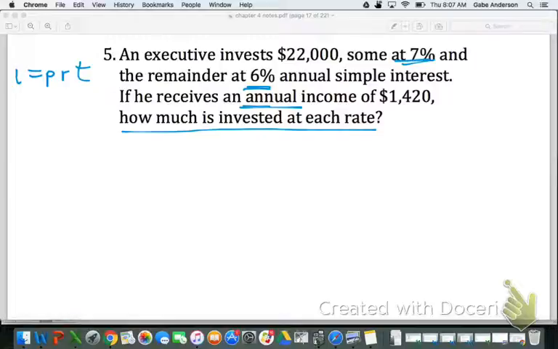I'll do something like this. I'm going to make a couple of columns here.